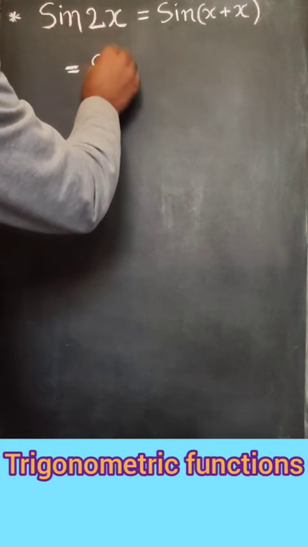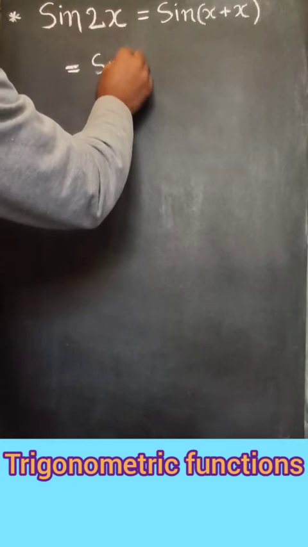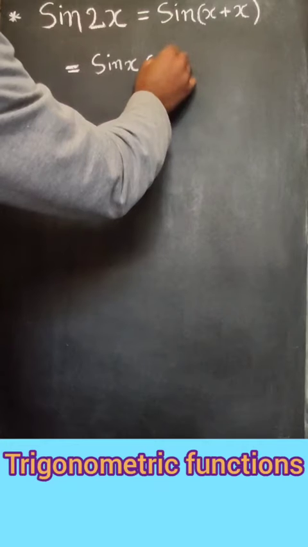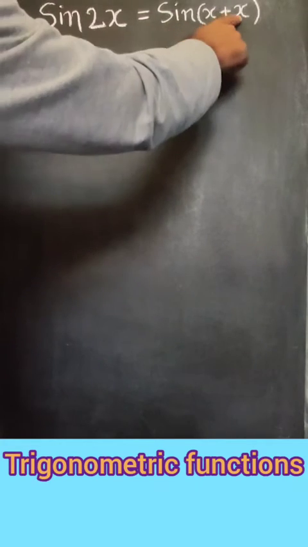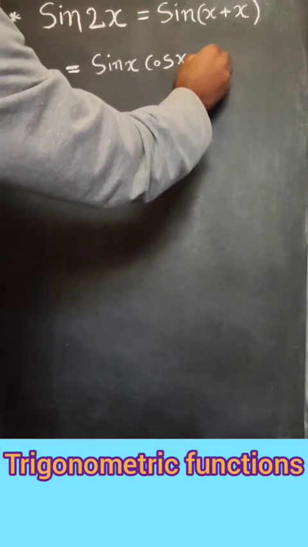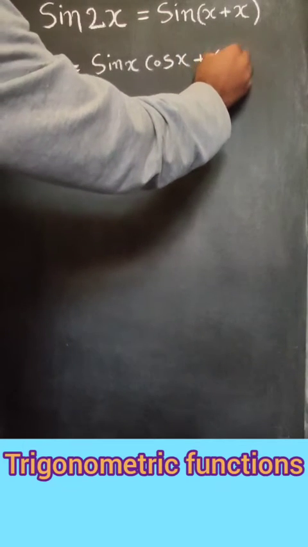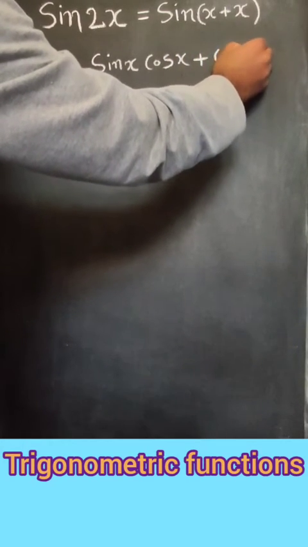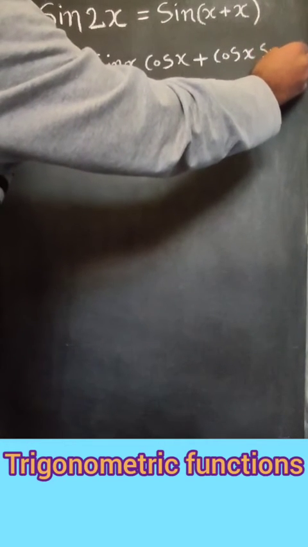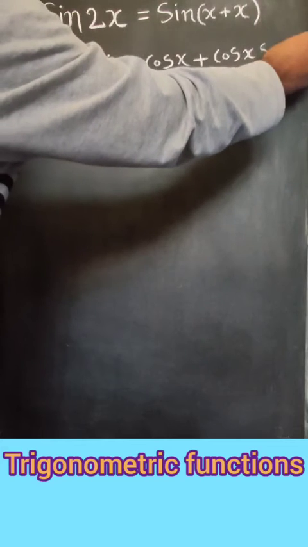We get sine x cos x. Instead of y we have x here, so we write cos x plus cos x sine x.